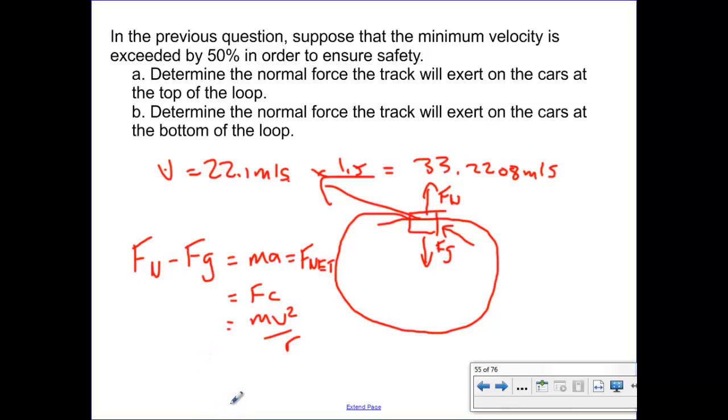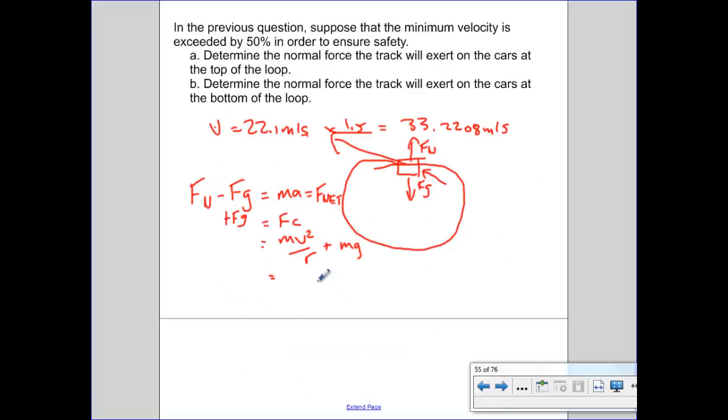How do I find my normal force then? I've got to add F_G to the other side, so I add mass times gravity. We have everything we need. We actually need mass this time.